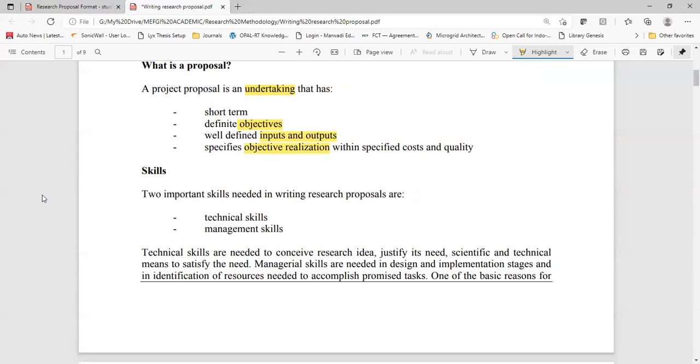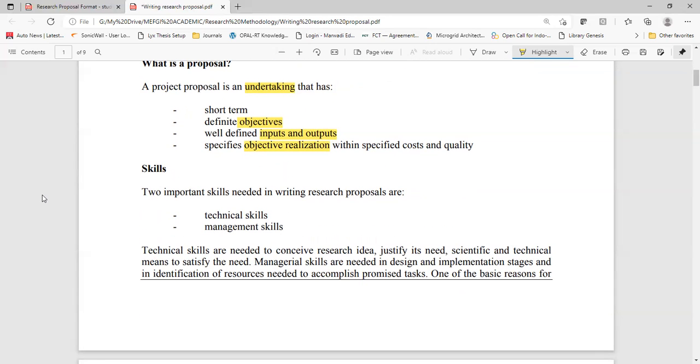So two important skills are required in this case. One is the technical skill. Technically, you should be sound enough so that you can execute the project. Second is the management skill, because you have to manage the project, and at the same time you also need to present the outcomes of the project from time to time.